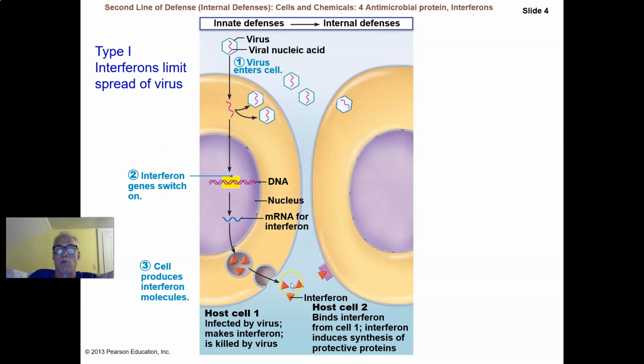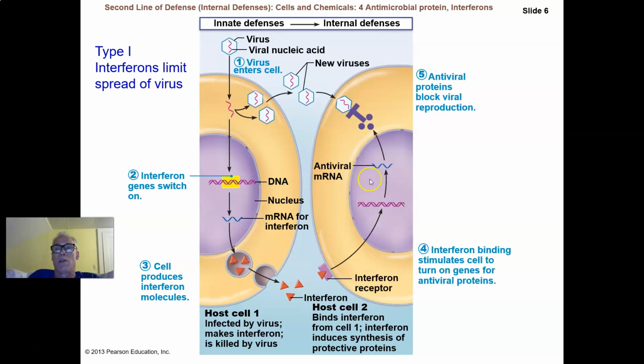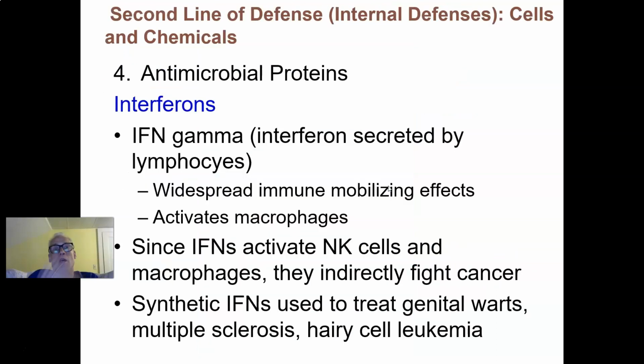And then interferons will be released into the interstitial space and bind to receptors on the neighboring cells, and that will cause the neighboring cells to activate gene expression, so messenger RNA to produce some proteins that will block the replication, the multiplying of viruses when they start infecting this cell. So we can warn the neighboring cells and turn off their protein-making machinery so that the viruses can't multiply.